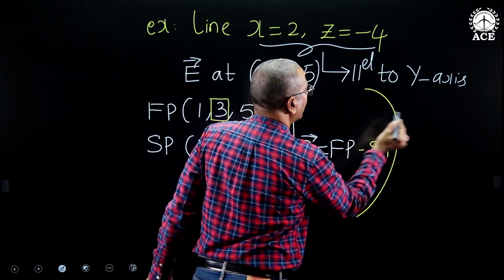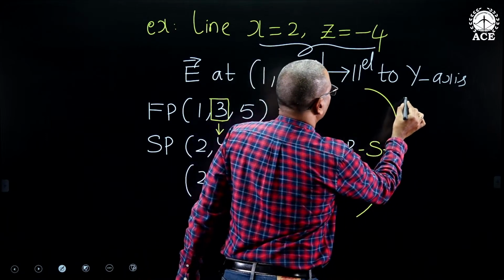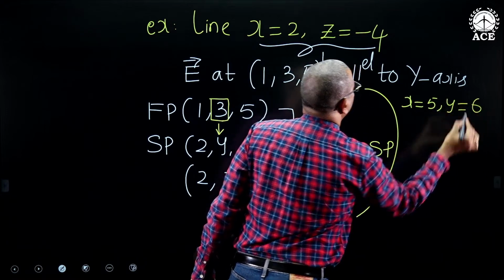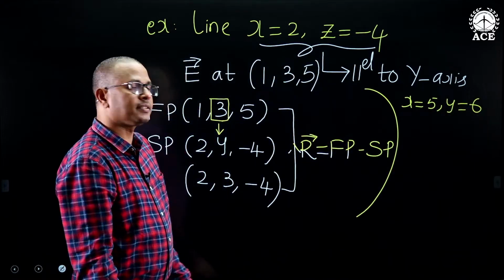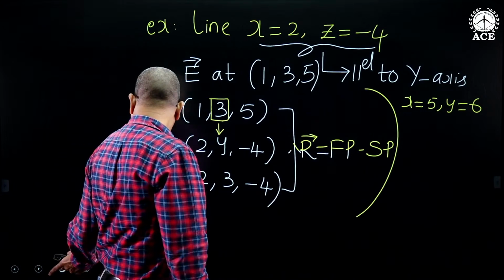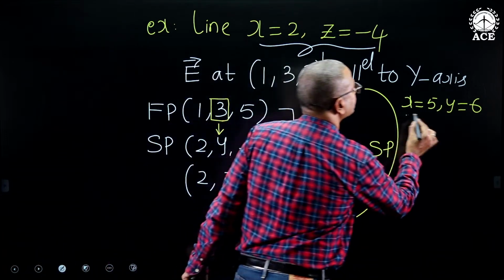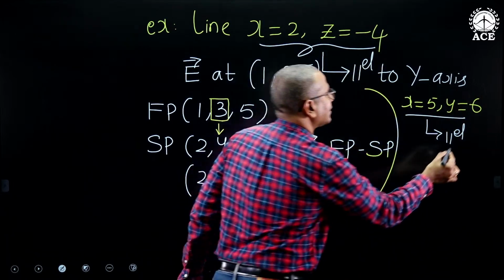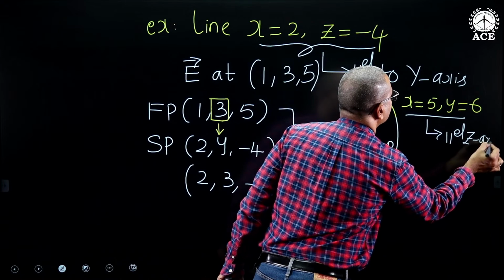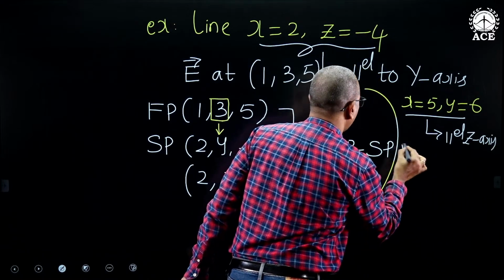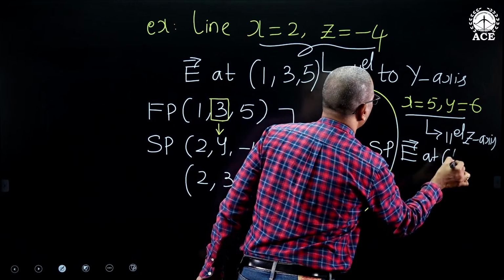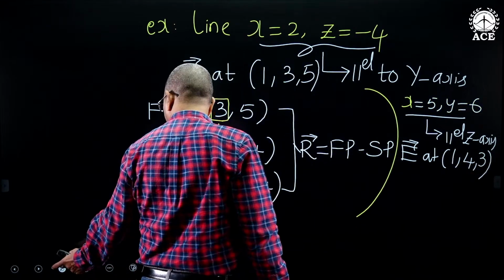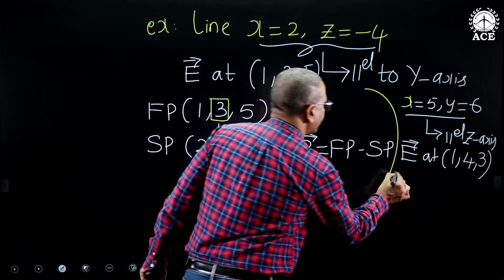You have another combination, say for example, x equal to 5, y equal to 6. This is a line. Can you tell me, dear students, this line is parallel to whom? Who is missing? Z is missing. Your line is parallel to the Z axis. If I asked you to find E bar at 1, 4, 3, then how to choose the missing coordinate? Look here.